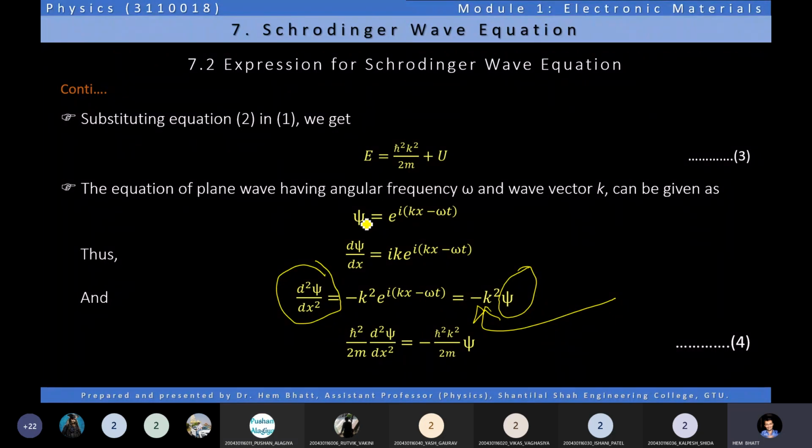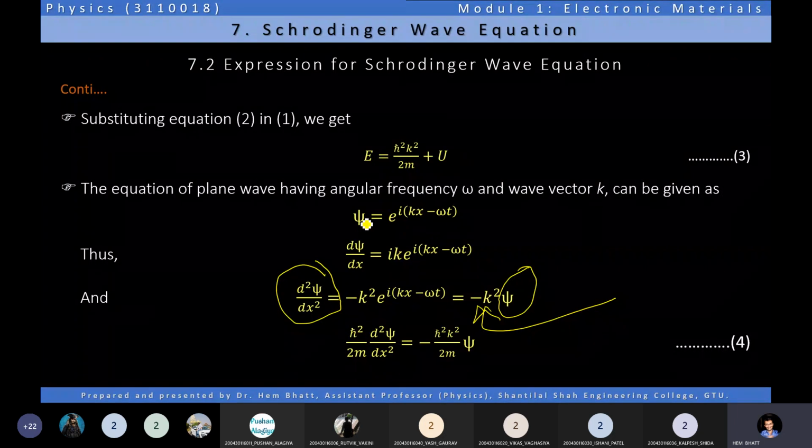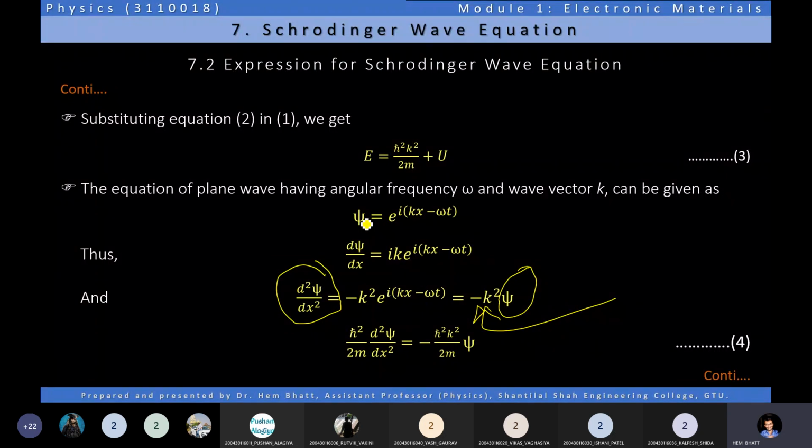Okay, do one thing: write down the third and fourth equations in your book, and take a screenshot.